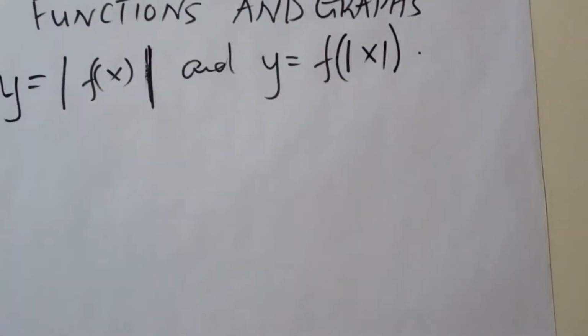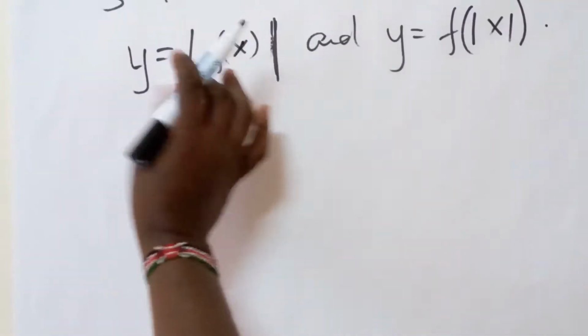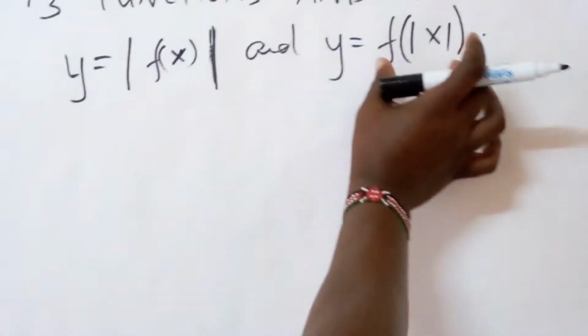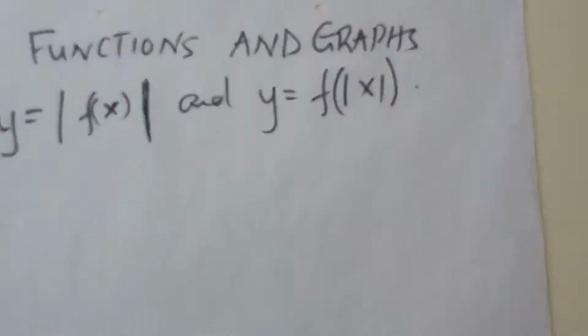There's a difference. Here in this one, the whole function is moduled. In this one, only x is moduled.